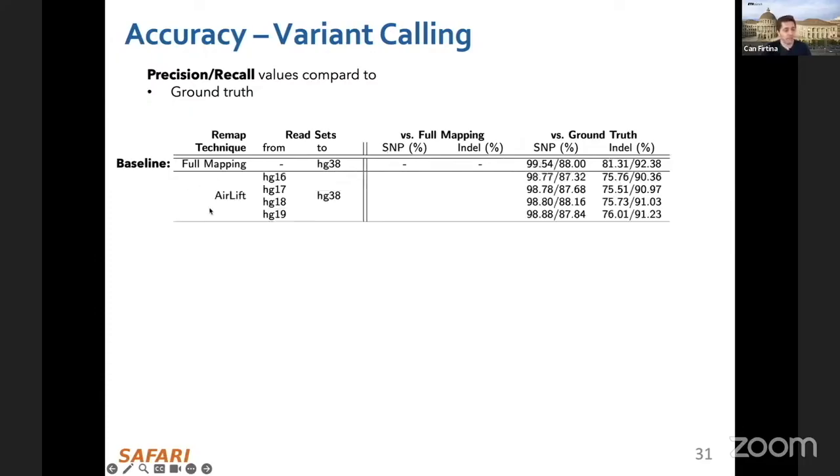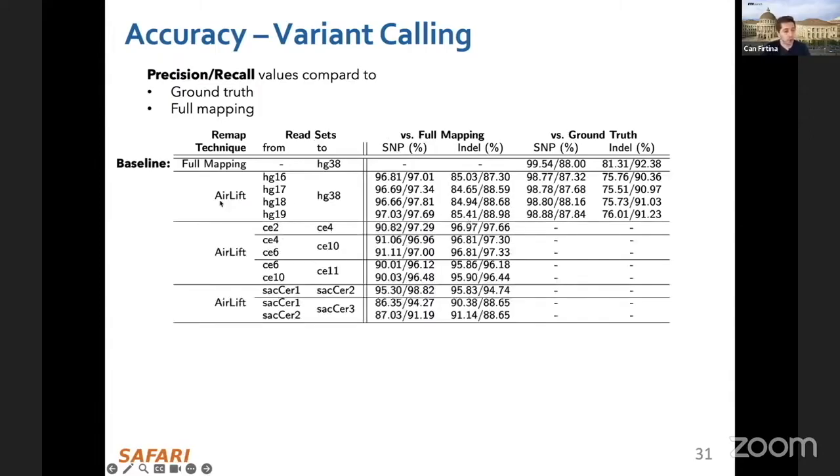And we do the same for AirLift by moving the reads from HG16 to 38, again, by using all the older versions of the human genome. And we generate, again, the accuracy results by looking at the ground truth values. So we also compare the variant calling results that AirLift generates with the variant calling results that the full mapping generates. We again generate the accuracy results for that.